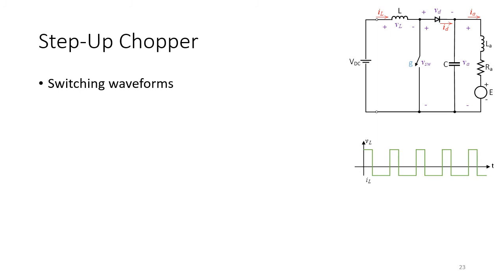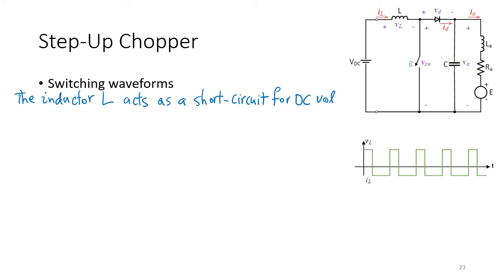So the inductor L acts as a short circuit for DC voltages across it.